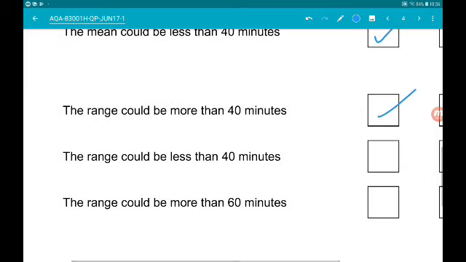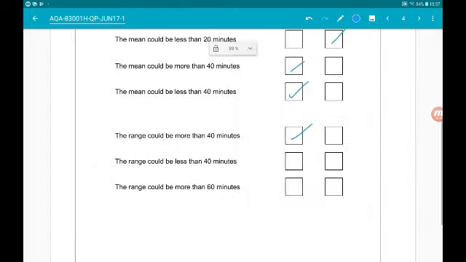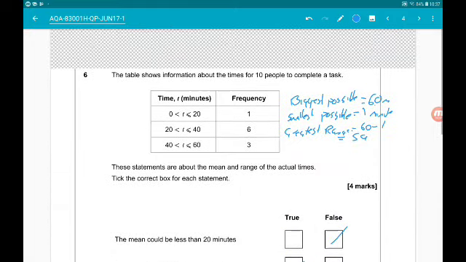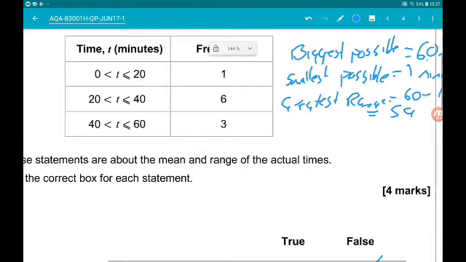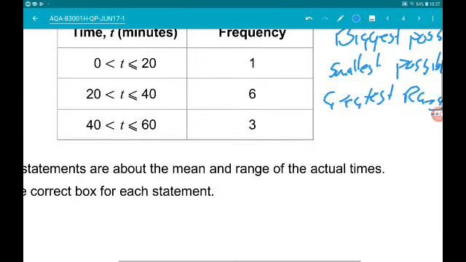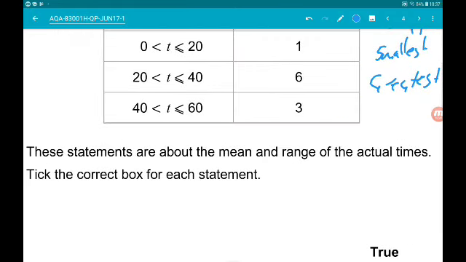Second one says the range can be less than 40 minutes. So let's think about the smallest, biggest value.